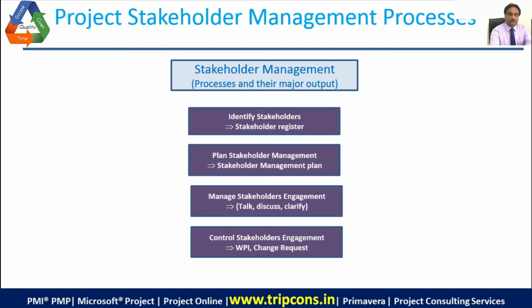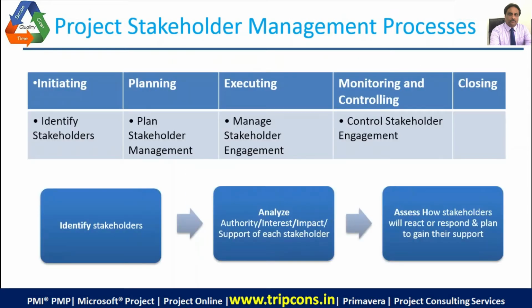Immediately after receiving the charter, we start to identify the stakeholders, and what we get is a stakeholder register. Then in planning, we plan stakeholder management, and in execution, we manage stakeholder engagement. We talk, discuss, clarify, and control stakeholder engagement. We get work performance information and change requests if any.